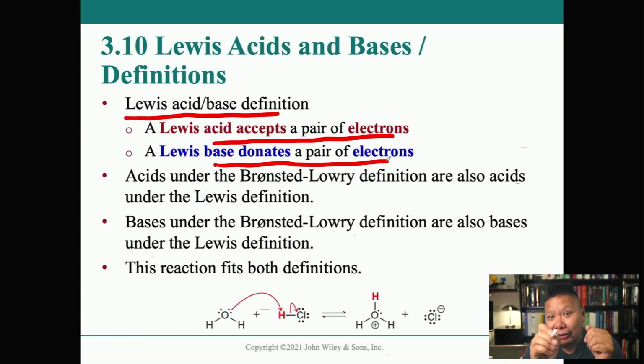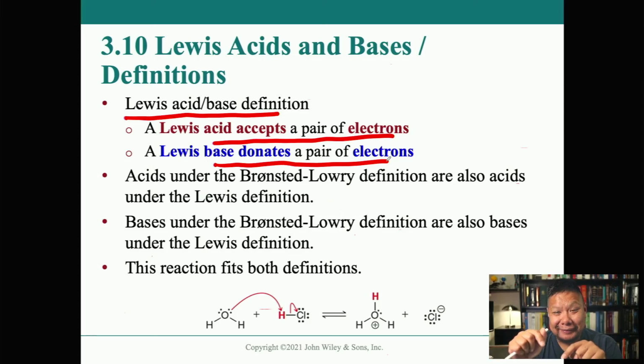Acids under the Bronsted-Lowry definition are also acids under the Lewis definition. It's exactly the same, because a Lewis acid accepts a pair of electrons, and it's accepting that pair of electrons when it loses its proton, because that proton goes to the base and leaves behind that bond.